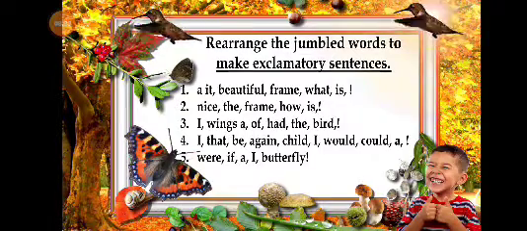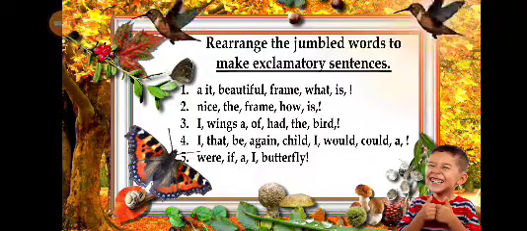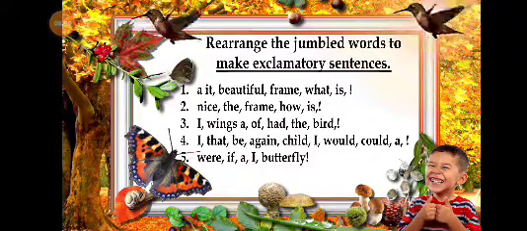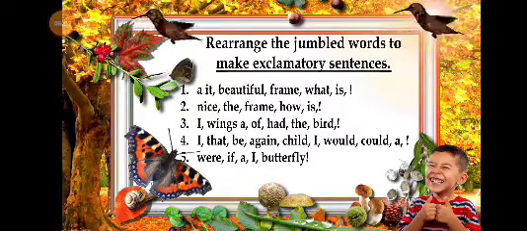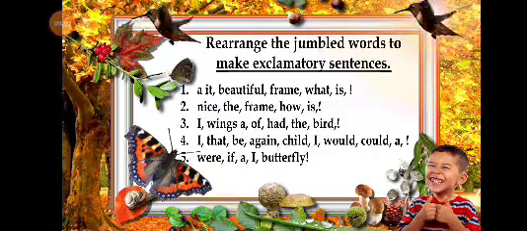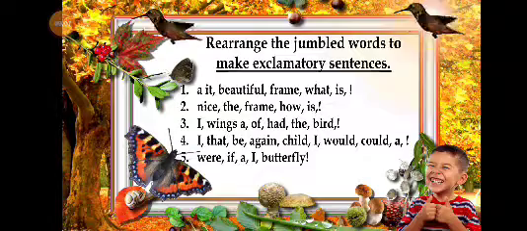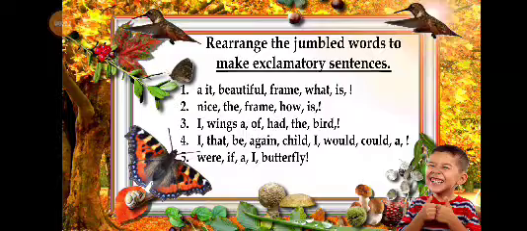And number 2 will be, we don't see any article here, so it must be formed with how. And here we can see how nice the frame is. And number 3, we see had here. We also know that had is used at the beginning to make exclamatory sentences. So, had I the wings of a bird.